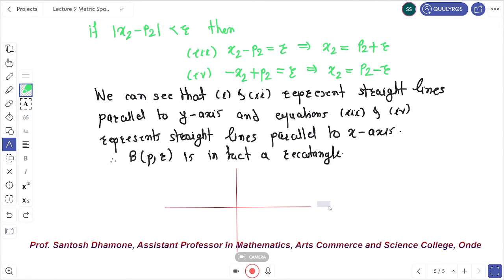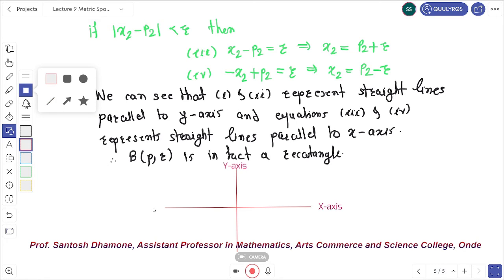Next we draw our four equations, which form a rectangle.